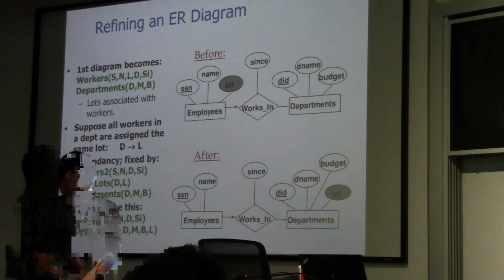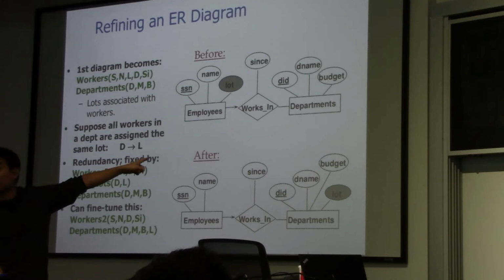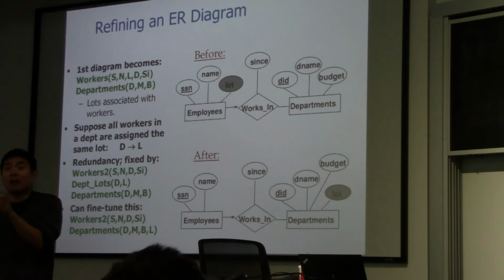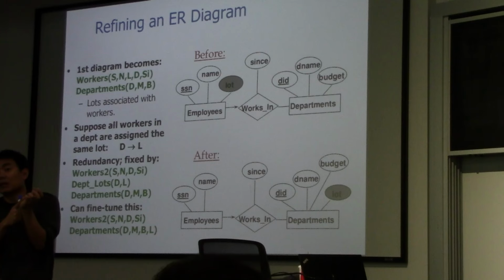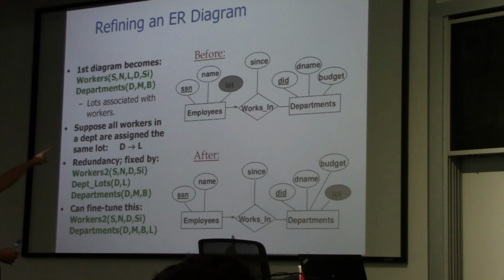And you do not produce a table for that one-to-many relationship set. You take the key from the one side and place that into the many side. So you have two tables. One is called Workers: social security number, name, lot, department ID, and the attribute for that relationship set, which is the date, since when this employee worked for that department.